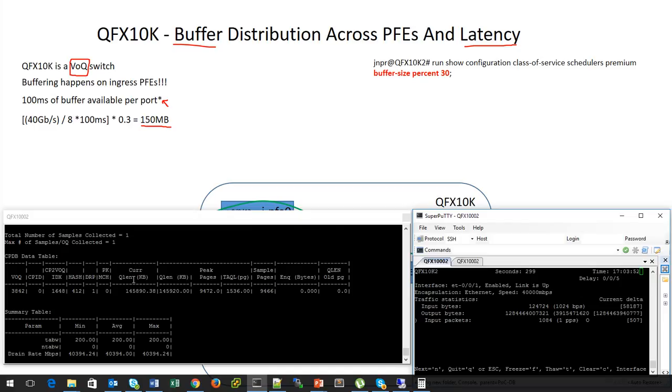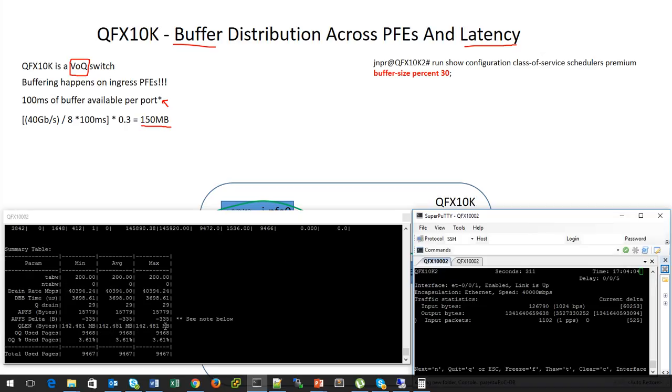So current queue length, this is now the number of bytes that packets are using to be stored as the queue is under congestion. And we see that this number is 4142 megabytes.